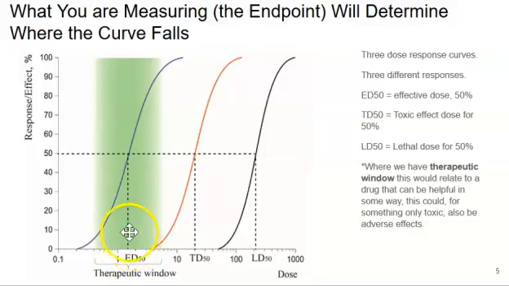Over here on the far left, we have the ED50, which is the effective dose for 50%. And this is often really important for medicines or drugs or pharmaceutical agents where we're looking to see some other biological endpoint. Like maybe this is for aspirin, and you're looking to see, do you get rid of the headache in 50% of the people that take this, and at what dosage does that happen, right?